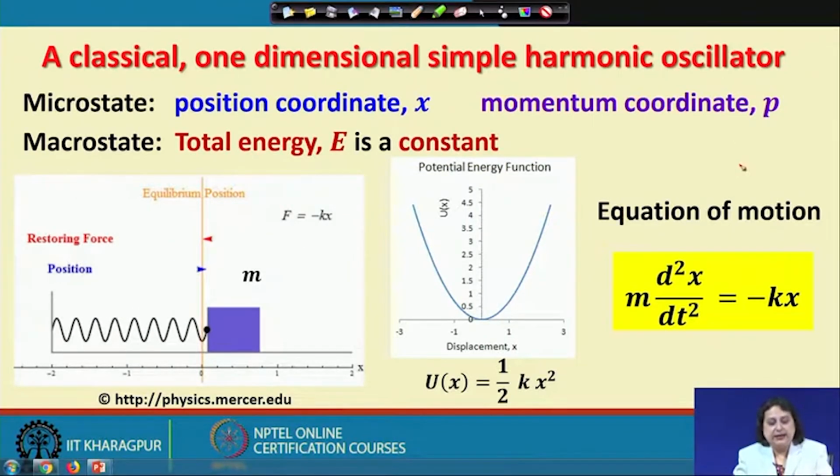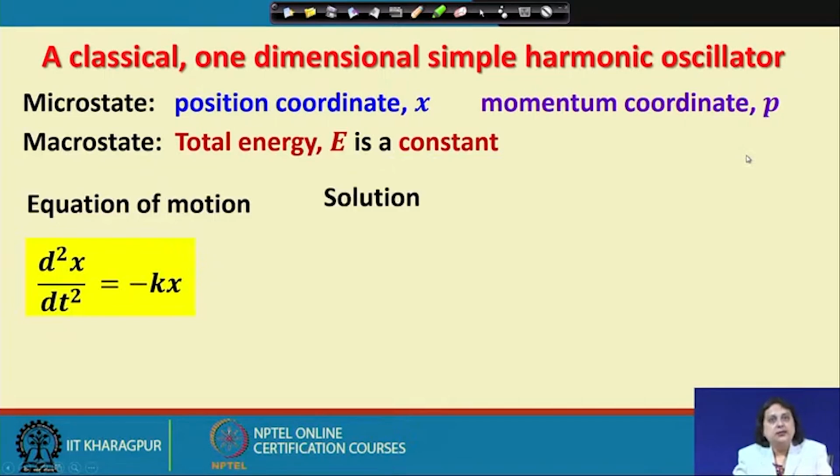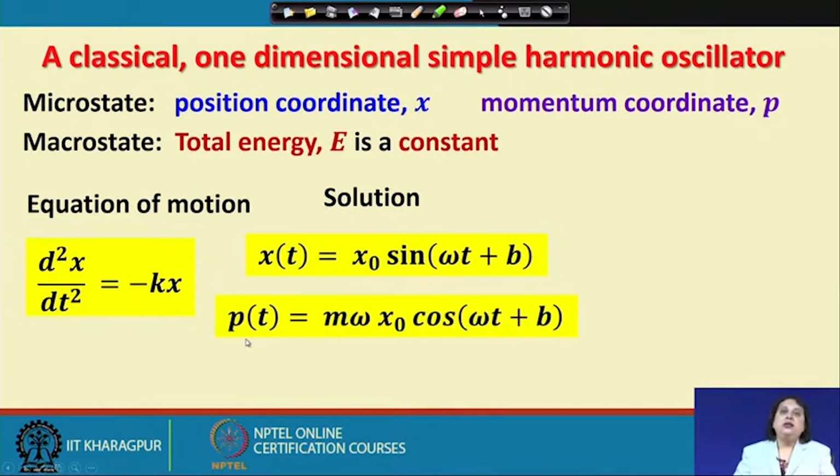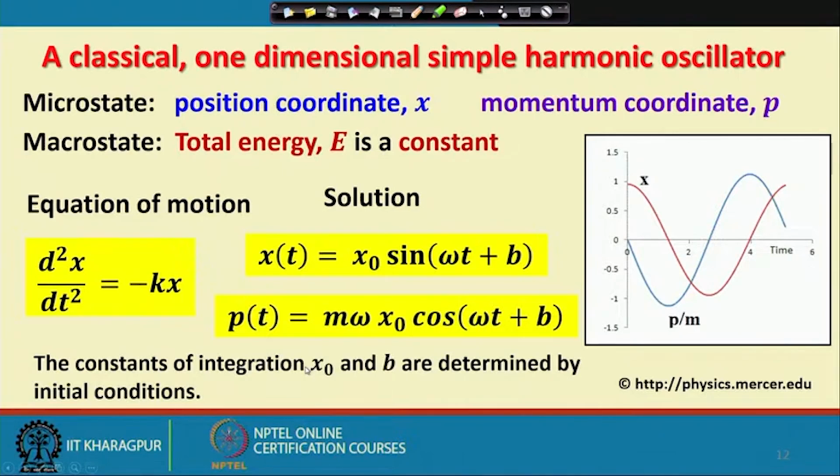Now, once I understand this, then I will try and see this motion in the phase space. Before I do that, I do understand that if I solve this equation of motion, I get the values of x and p as a function of t, and here basically x and p, both of them are oscillating functions, and I have introduced two constants of integration, x naught and b, and omega is the intrinsic angular frequency of the simple harmonic oscillator.